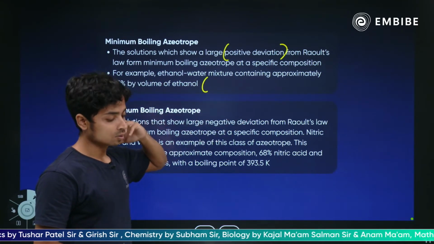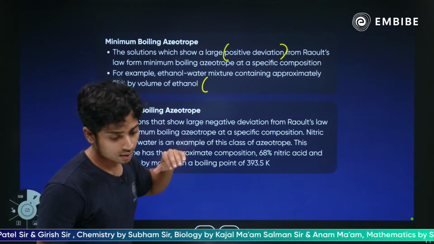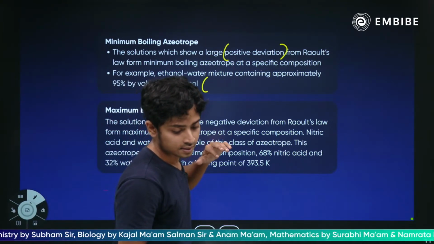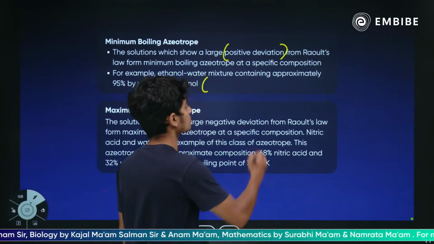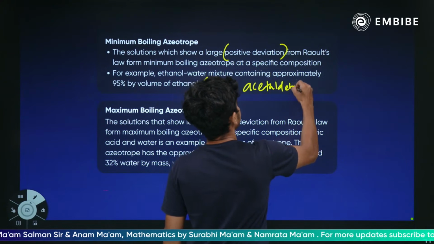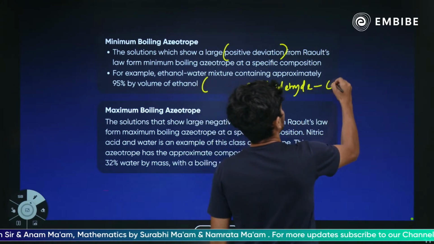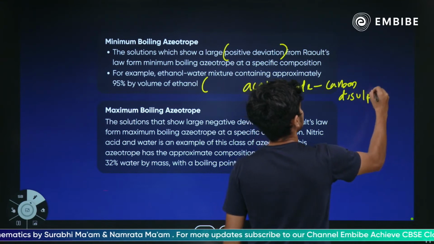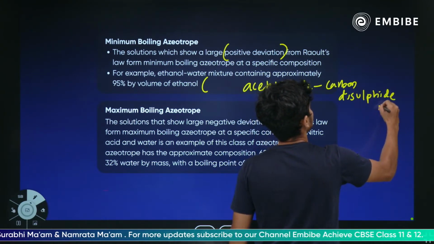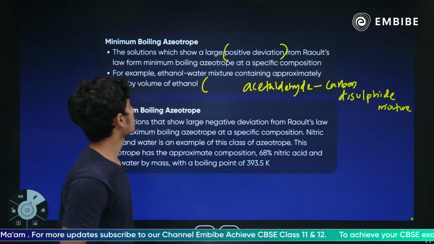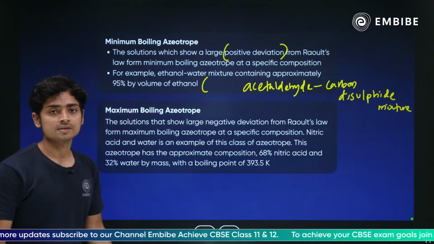An example you can give is the acetaldehyde and carbon disulfide mixture. At a specific composition, it will show a minimum boiling azeotrope.